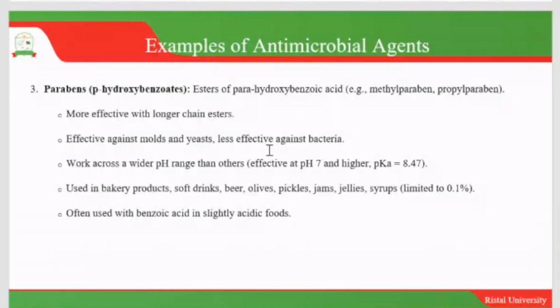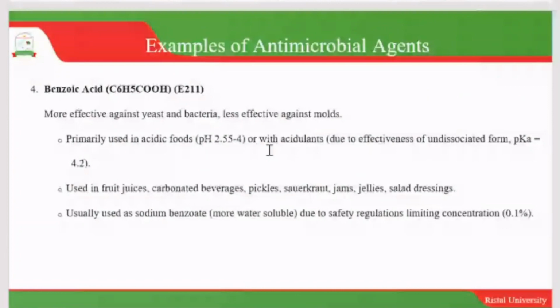For benzoic acid, it is most effective against yeast and bacteria, and less effective against molds. We are looking at its usage in carbonated drinks and beverages, sauerkraut, jams and jellies. However, we've looked at most of them having low pH levels.